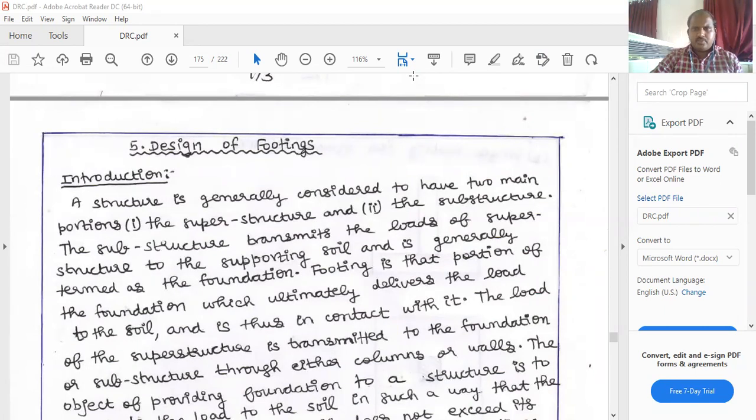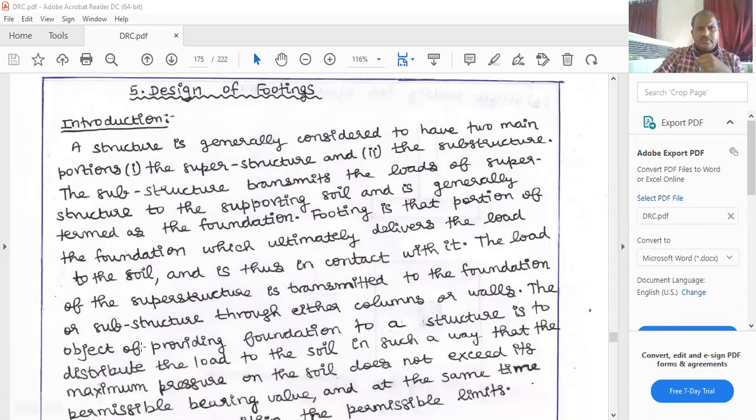The footing is the portion of the foundation which ultimately delivers the load to the soil and is thus in contact with it. The load of the superstructure is transmitted into the foundation or substructure through either columns or walls.